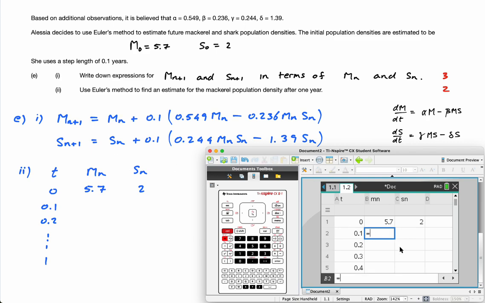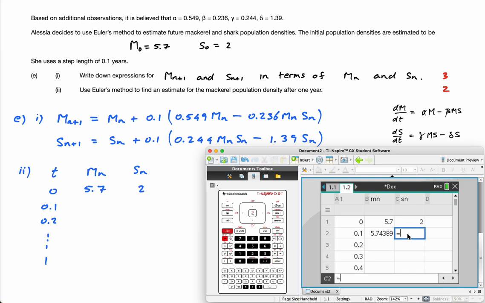So it's equal to b1 plus, and b1, guys, because it's mn, is this, the previous m, b1 plus 0.1 times 0.549 times b1 again, minus 0.236 times b1 times c1, close bracket, enter. Okay, great.